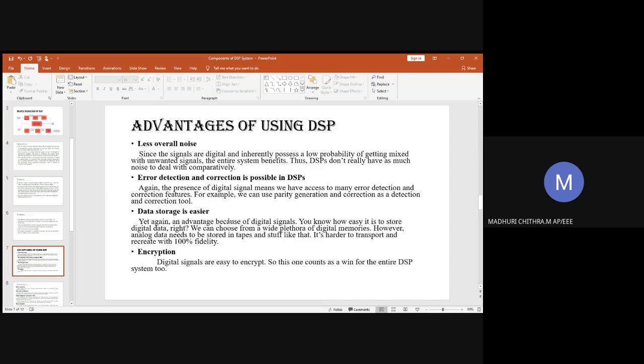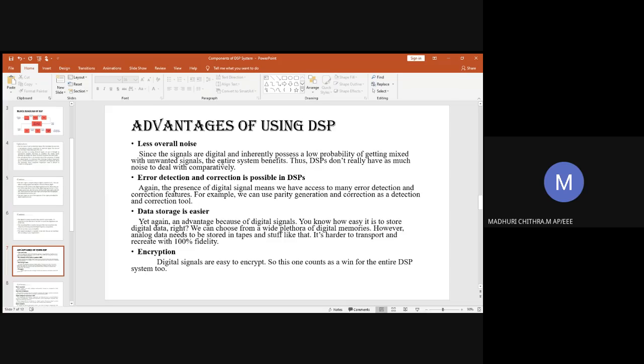Next is the advantages of using DSP. What are the advantages of using DSP? First is less overall noise. By using DSP, with the filter and quantization technique, digital to analog, we get information about the signals, such as the harmonics present in them. By getting that information, we can detect and correct the signals, so by correcting them we get less overall noise.